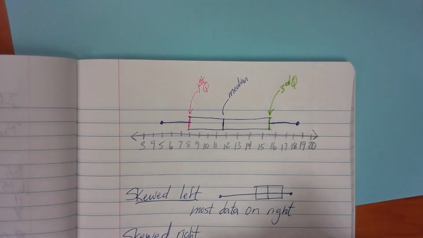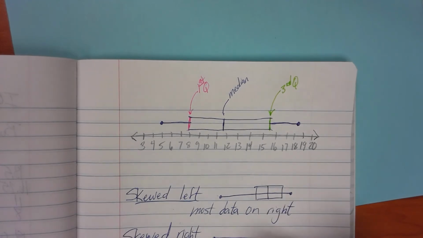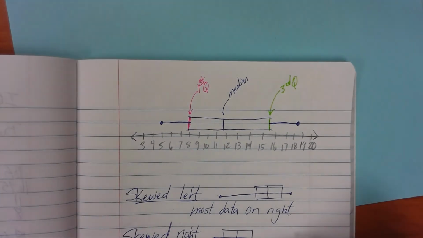So skewed right is just the opposite. It means that the whisker on the right is much farther and most of the data is on the left.